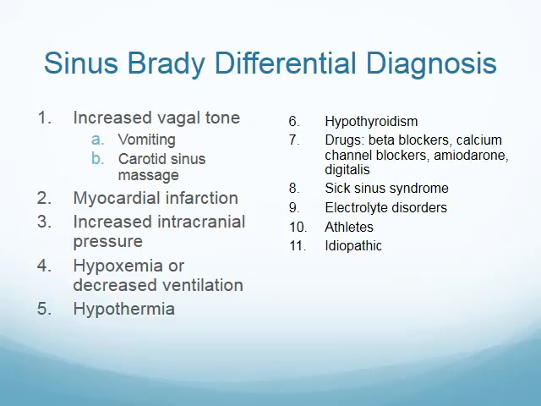So anytime this is stimulated greater than it needs to be, it's going to cause a bradycardic rhythm. It can also be associated with myocardial infarction, increased intracranial pressure, hypoxia, hypothermia, and then several more as well. Sick sinus syndrome over there on number 8 is one that we'll talk about later on.